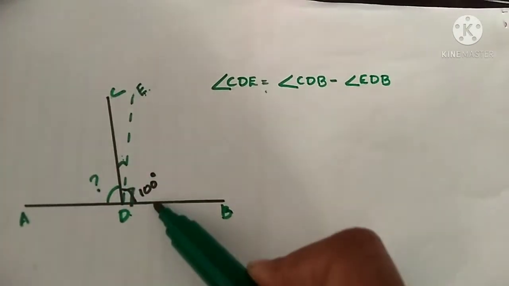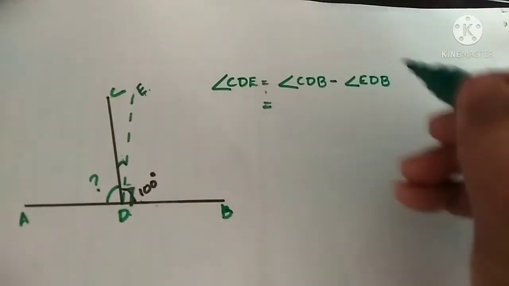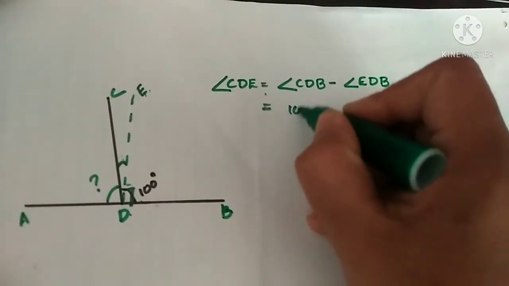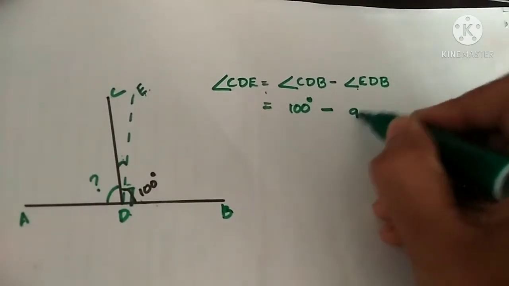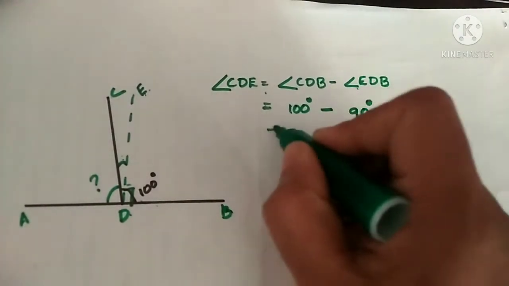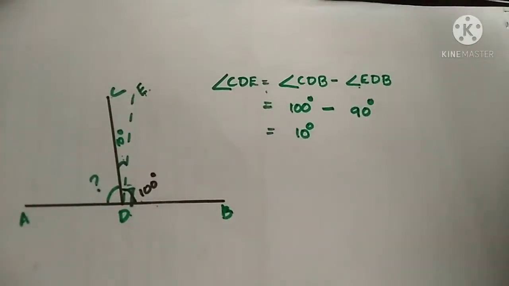From the whole angle, we subtract this much, that is equal to angle CDB is 100 degree minus angle EDB is 90 degree, that is equal to 10 degree. So we get this angle as 10 degree.